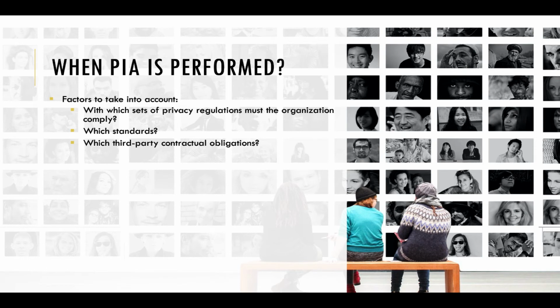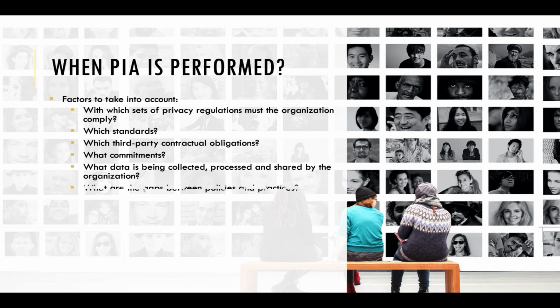Which third-party contractual obligations does the organization have? What commitments has the organization made in its privacy notices? What commitments has the organization made in its internal privacy policies? What data is being collected, processed, and shared by the organization? What are the gaps between the policies and the practices, and what controls are in place to validate privacy practices?